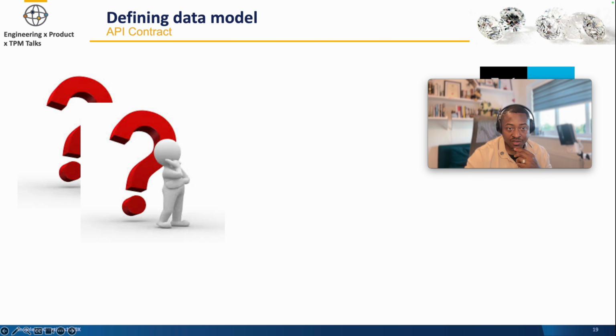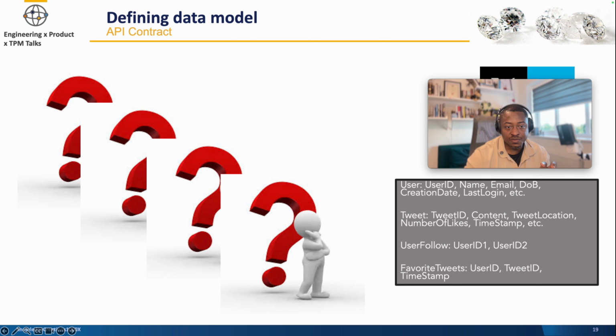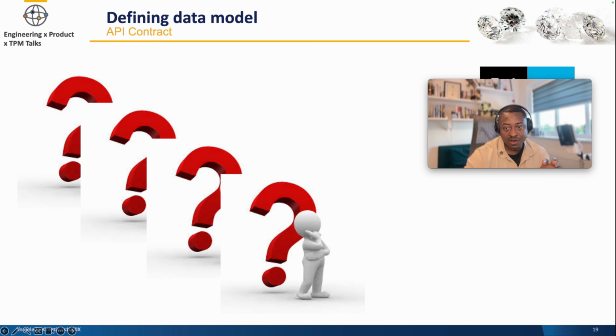In defining the data model, you still have lots of questions. That never goes away. But why do you want to do this? You do this because in the early part of the interview, you need to clarify how data will flow through your system, how it will move through your different system components. And it has an added benefit towards the end, because it will guide you when you want to make decisions around data partitioning and management, when you want to identify different system entities and how they will interact with each other.